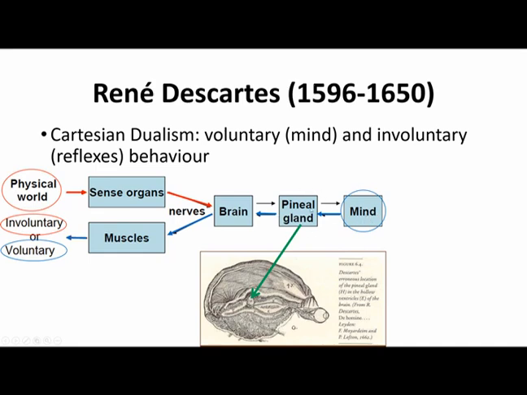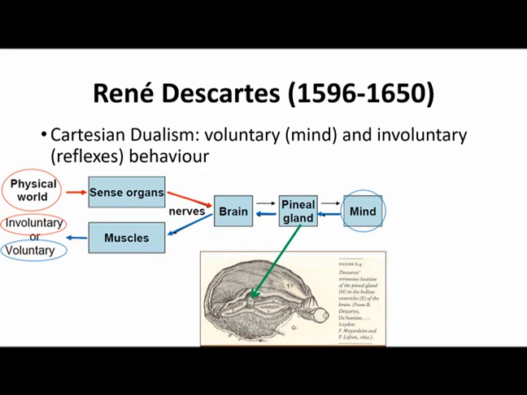We have the pineal gland being involved as sort of a means of converting orders from the mind into something physical that our body would be doing. So this was his way of trying to explain how something non-physical and even spiritual, like the mind, could actually physically interact with the body.